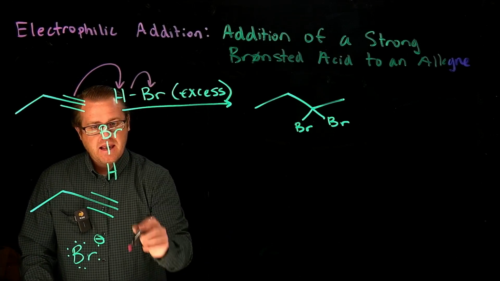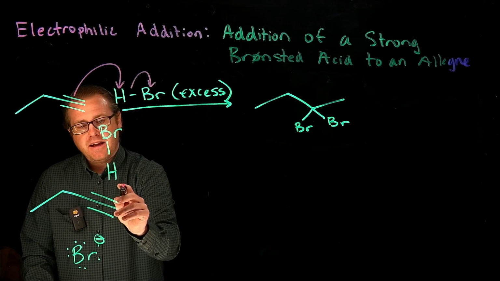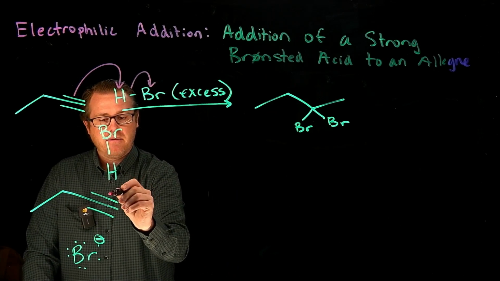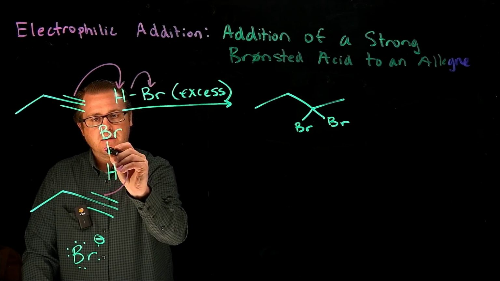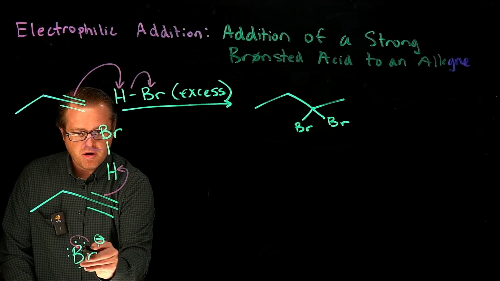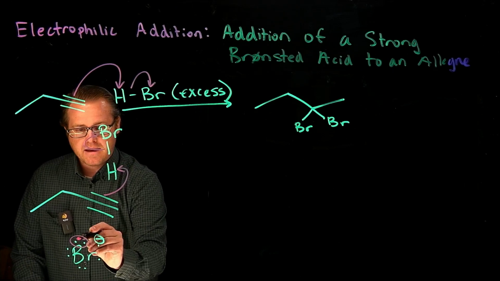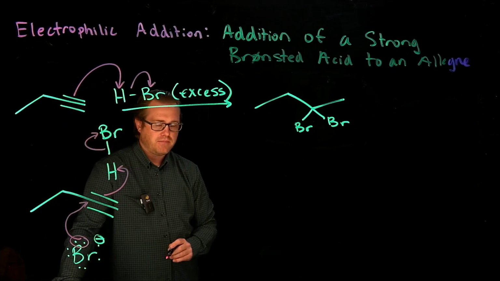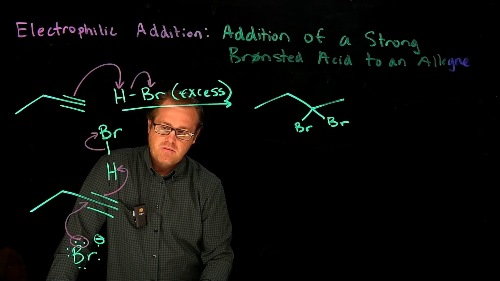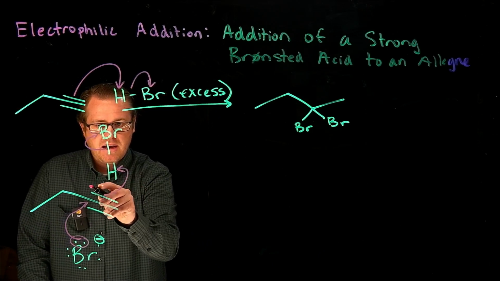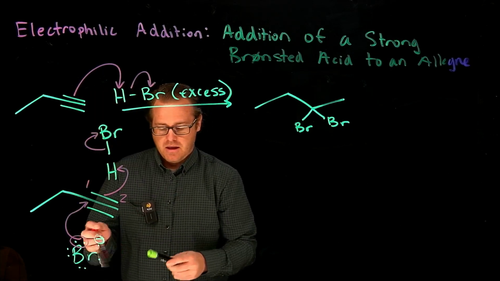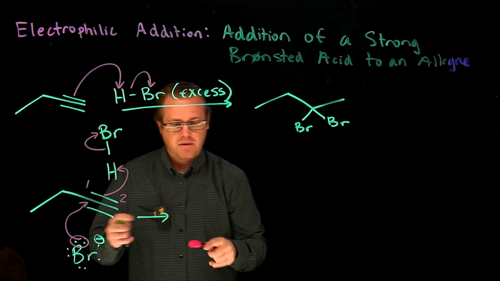So what happens is the electron-rich electrons here are going to attack the electron-poor hydrogen in the same manner that we've seen before, like this, kicking that guy off. Okay? But here's the new part. We'll take this bromide right there, and it's going to attack this carbon right there. Okay? So it's kind of following the Markovnikov process here, where we're going to take this hydrogen and add it to the carbon that has the most hydrogens, which is carbon 2.